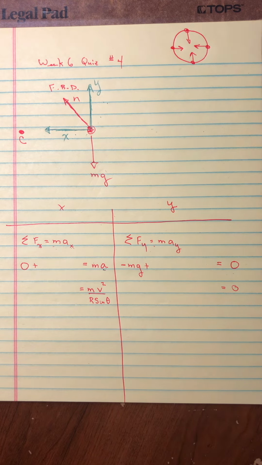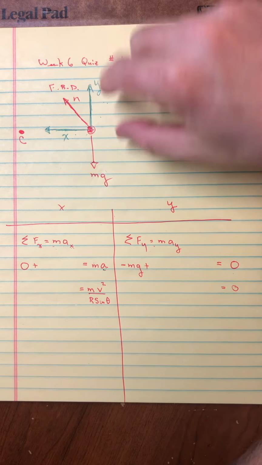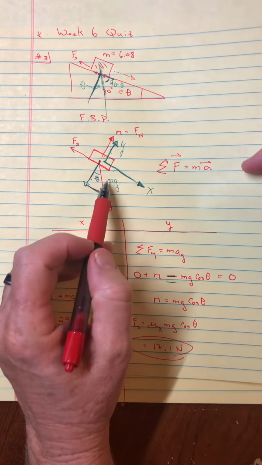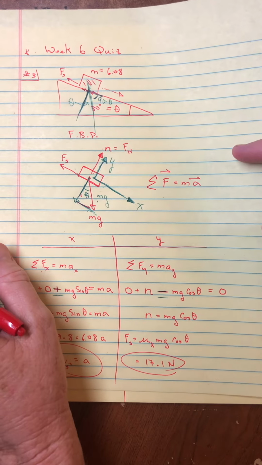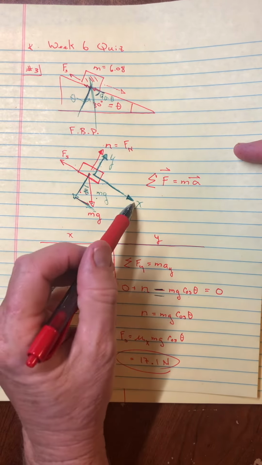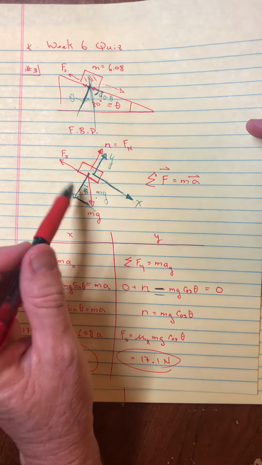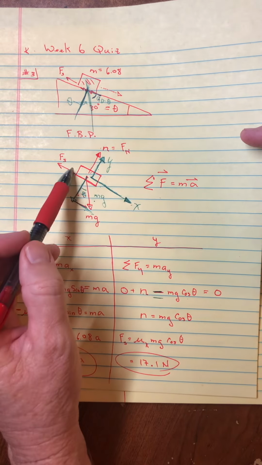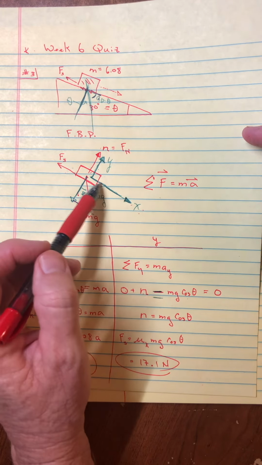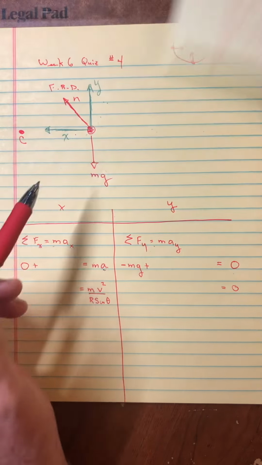Okay. Now, by the way, you might have been tempted to make an axis that was tilted because that's what we did in number 3. But I want to emphasize, I didn't change my thinking. My thinking always was put the x-axis in the direction it accelerates. And so in this case, since it moved down the incline, that was the direction of the acceleration, so I made an x-axis down the incline.